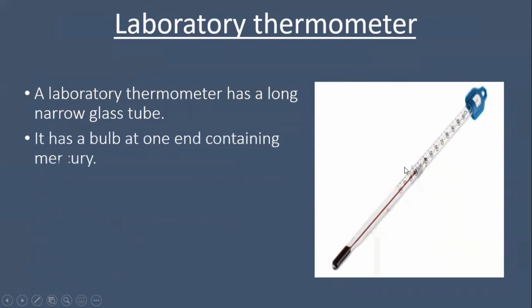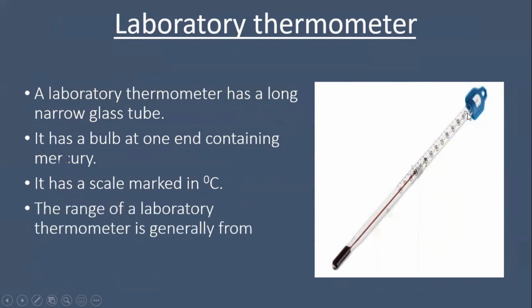It has a bulb at one end containing mercury. It has a scale marked in degrees Celsius. The range of a laboratory thermometer is generally from minus 10 degrees Celsius to 110 degrees Celsius.